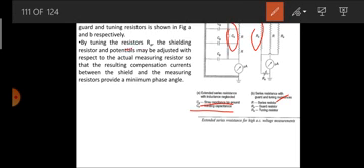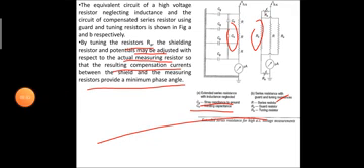By tuning resistors RA, meaning the topmost resistor, the shielding resistor, the potentials may be adjusted with respect to the actual measuring resistor, so that the resulting compensation currents between the shield and the measuring resistors provide a minimum phase angle. So this part is important here.